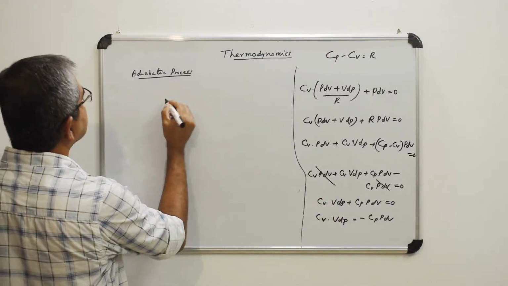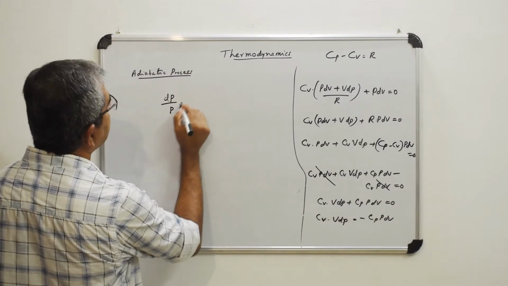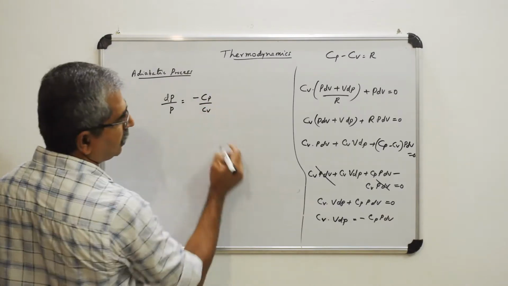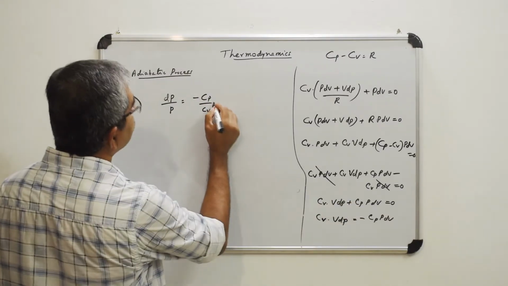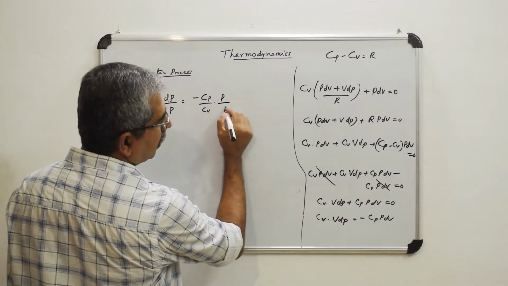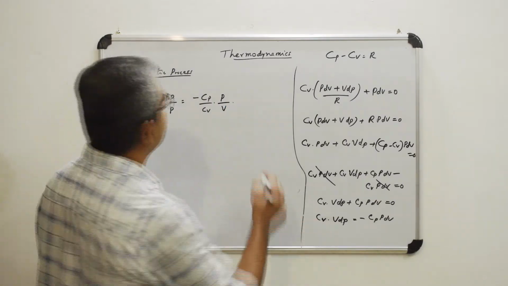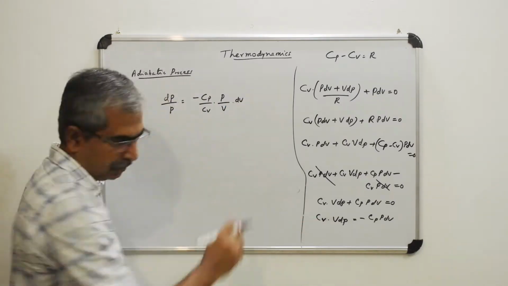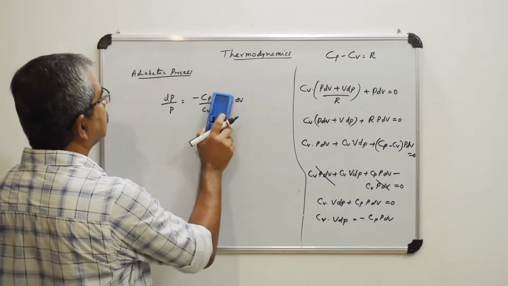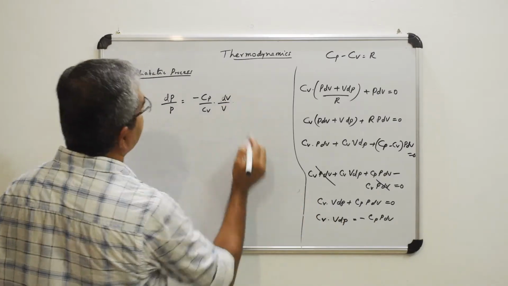So we can write it as dP by P is equal to minus Cp by Cv into dV by V. Isn't it?